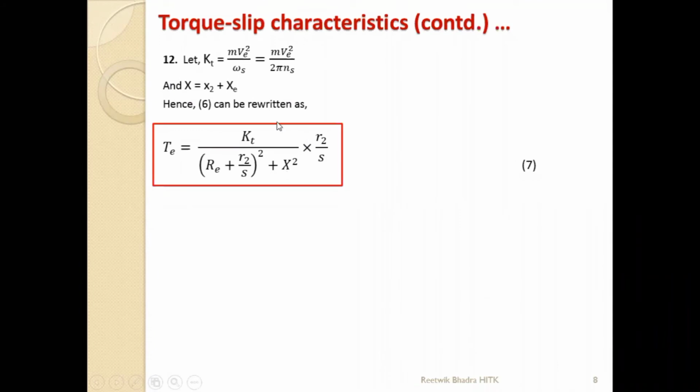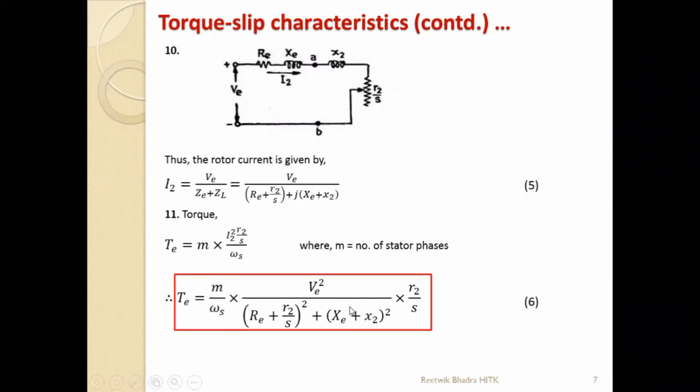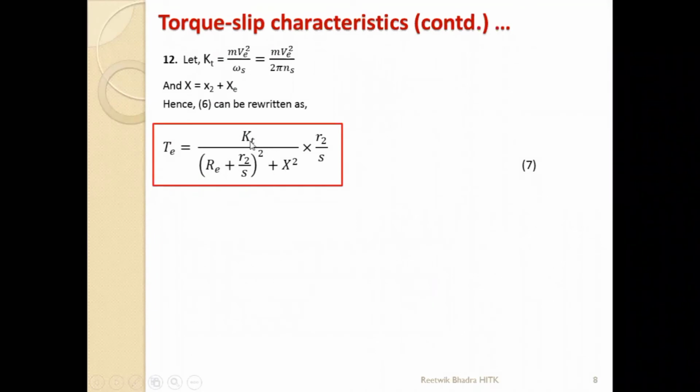All approximations are done to make this formula a little bit smaller and easier to look at, because one will see this huge formula and wonder what is there. So we are reducing this formula into small parts. This is the ultimate equation of your torque with all the constant values, and using this equation we will derive our torque slip characteristics.